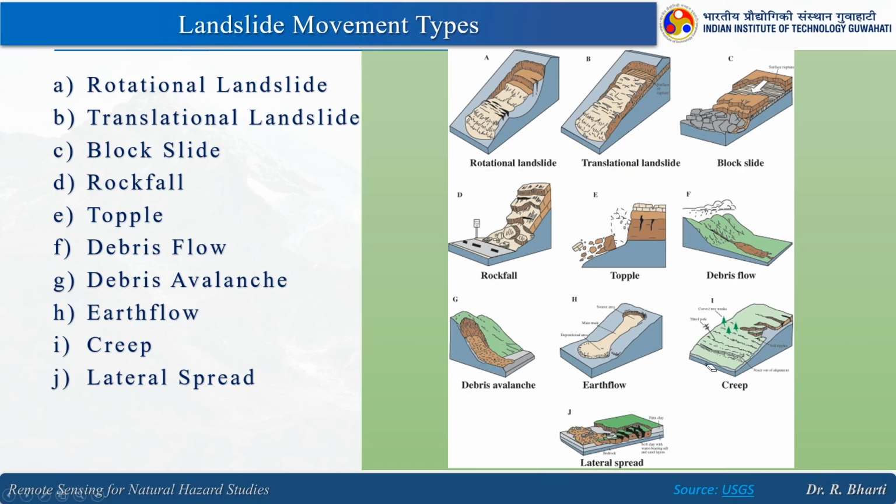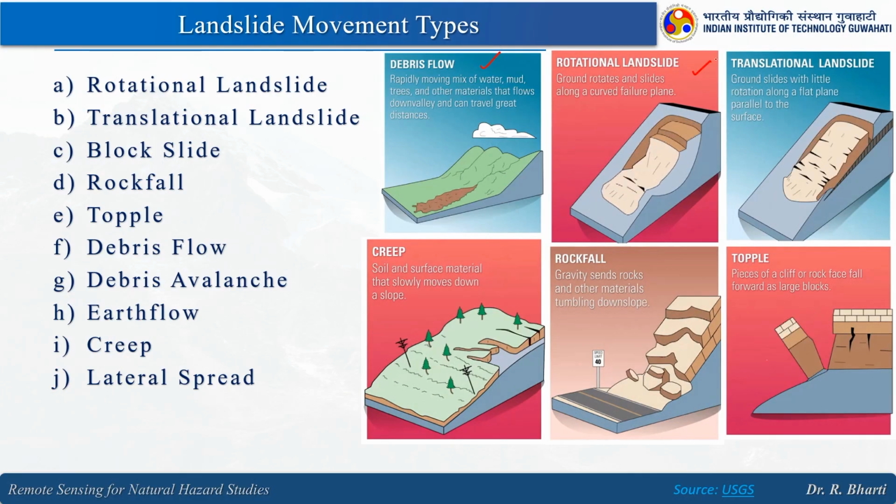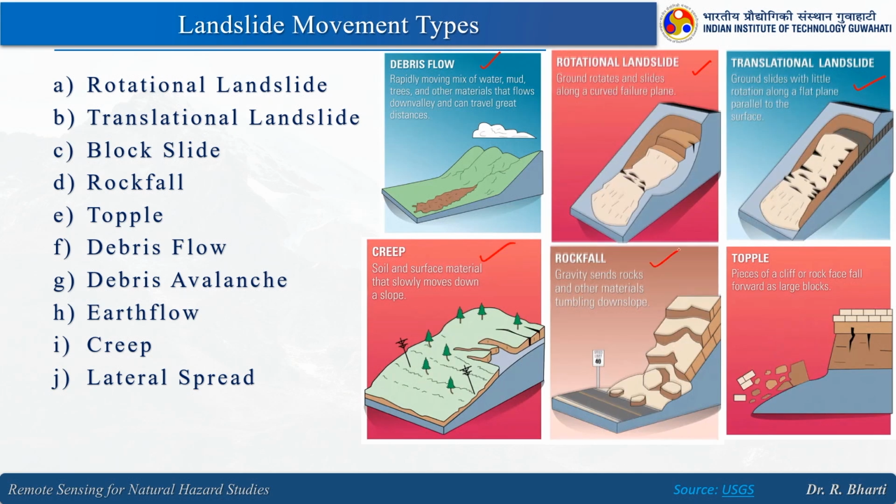If you remember, based on the velocity we have categorized different types of landslides. Here these videos are meant to help understand debris flow, then rotational, translational, creep, rock fall, topple, all are explained here, right?